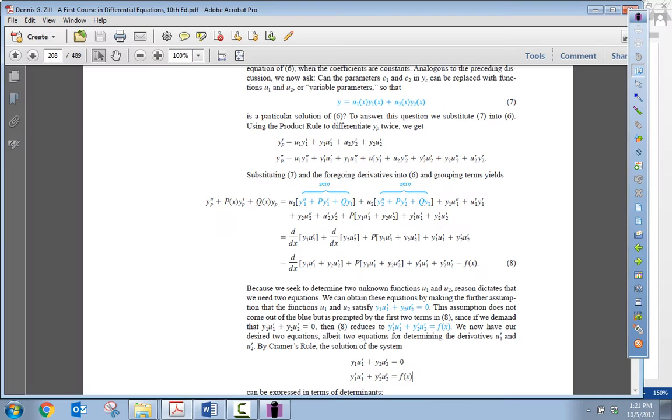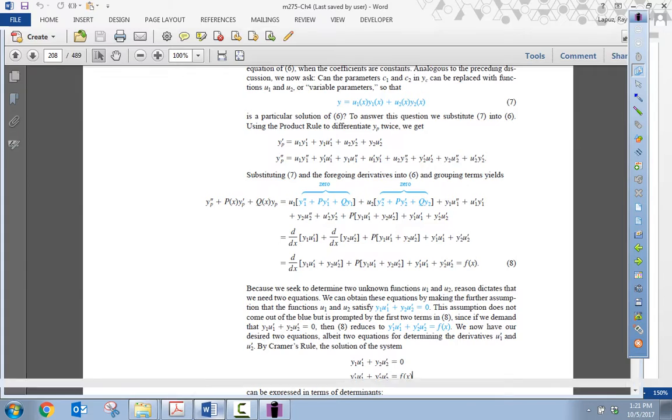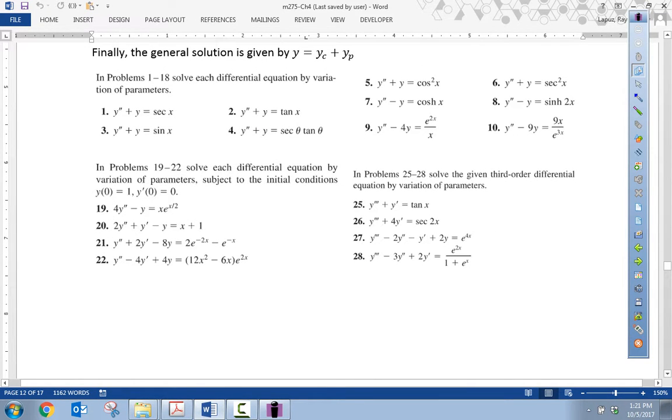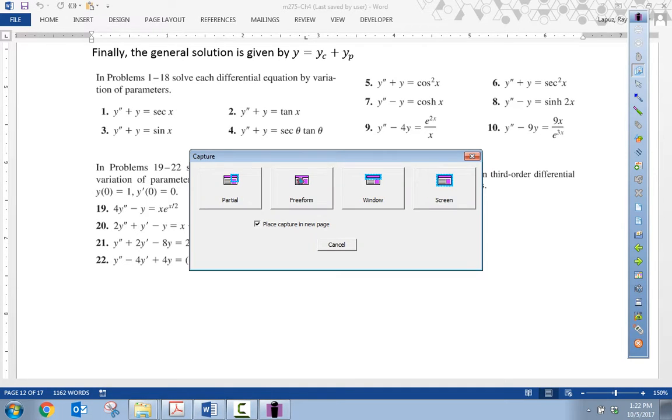All right. Let's see what we could do. There are some problems here. We want to do secant or tangent first. No, I'm not going to do any hyperbolic functions.